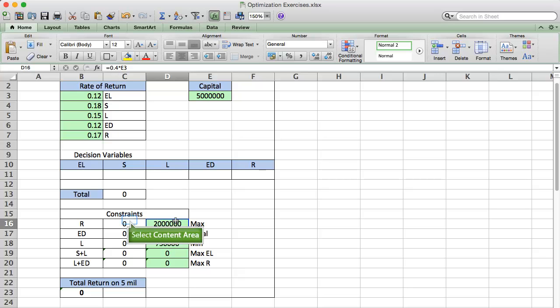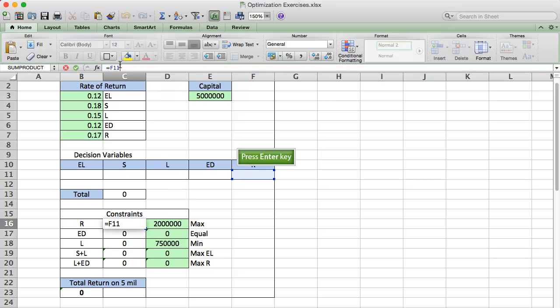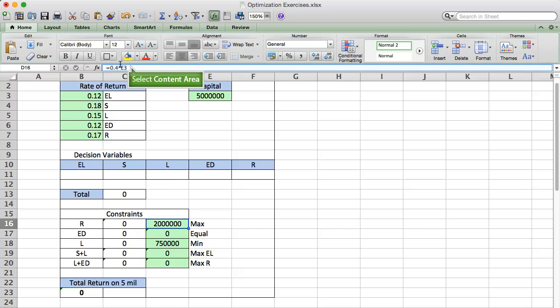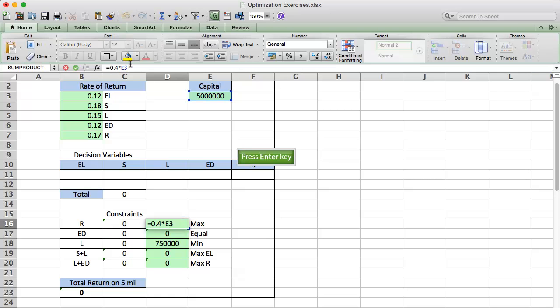So what I've added here is that F11, the amount that will be invested in the retail market area, is going to be less than or equal to 0.4 or 40% of our 5 million.